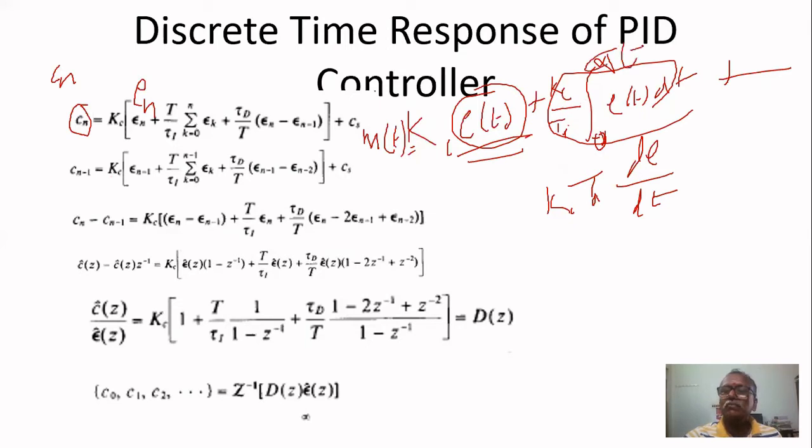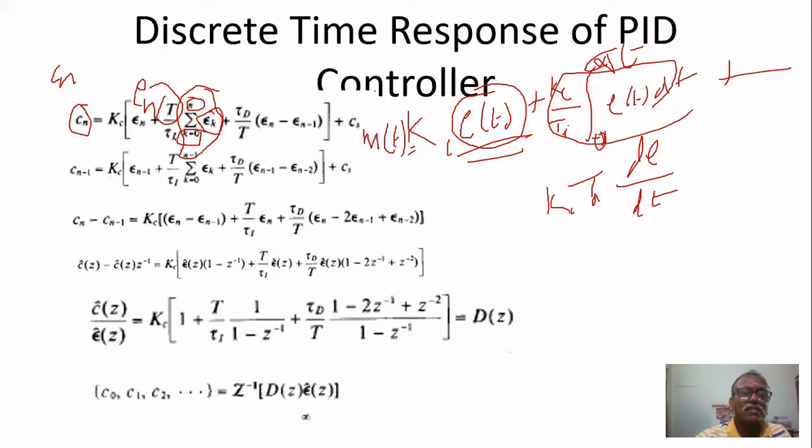It must be nT, the nth sample instant. So it varies with k from 0 to n, E of kT. All past sampled error values are summed up, which is equivalent to integration. But the sample value must be multiplied by the sampling period. Then only you will get the area under the graph.